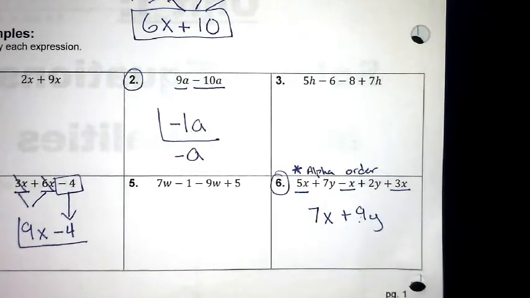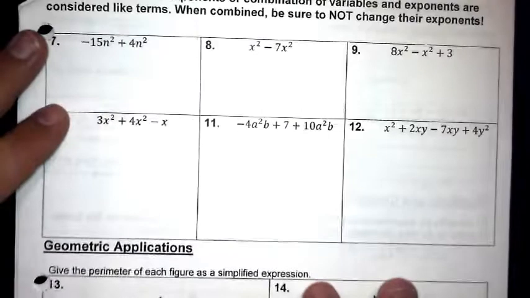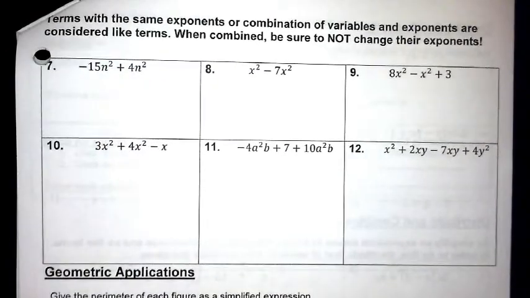Go ahead and turn to page 2. All right. Terms with the same exponent or combination of variables and exponents are considered like terms. When combined, be sure to not change the exponent, okay? Is there anyone here that could try to describe to me what an exponent is?